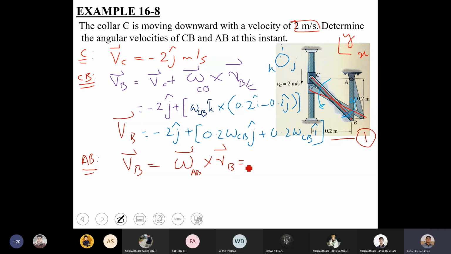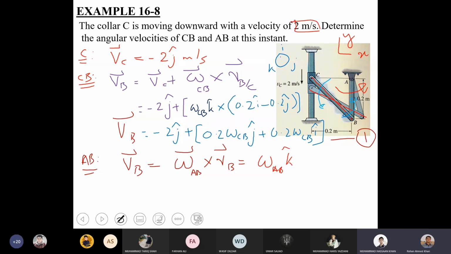As far as the vector form of this omega is concerned, if the collar is coming downward, in which direction will link AB be moving? Right side. So this link AB would be traveling towards the right side. In other words, the angular velocity of this link is going to be in a counterclockwise direction. So omega AB vector can be written as omega AB K.